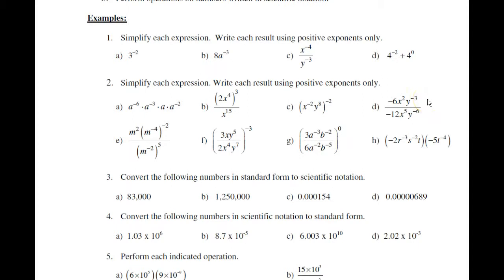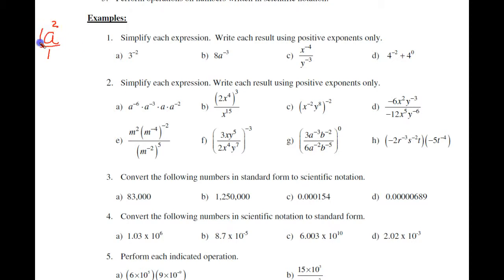Now, there are some rules, and I'll go over them with you. When we have a negative exponent, really, what does that mean? Well, let's look at this. A to the second is, in a sense, over 1.